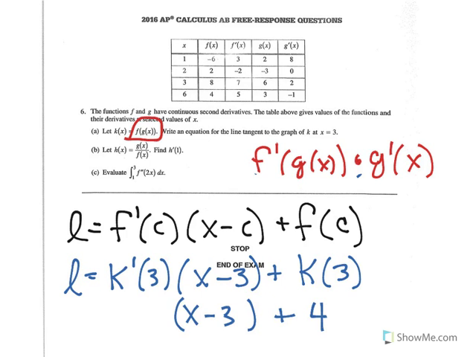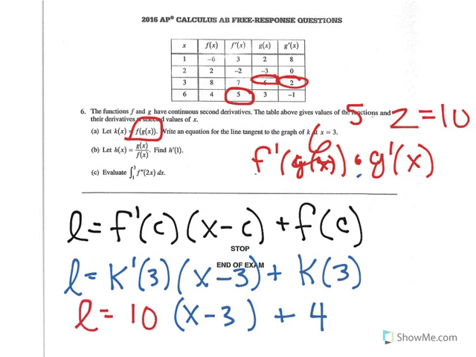So g prime of 3 is 2. G of 3 is 6, so this is now f prime of 6, which is 5. So 5 times 2 is 10. So my equation is L equals 10 times x minus 3 plus 4. Whew, a lot of steps to get there.